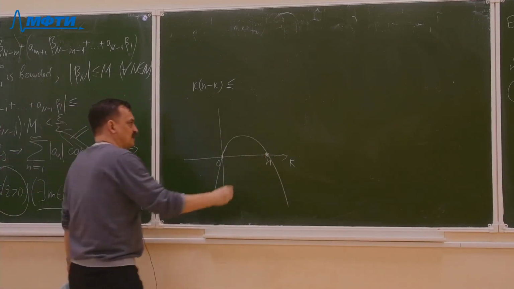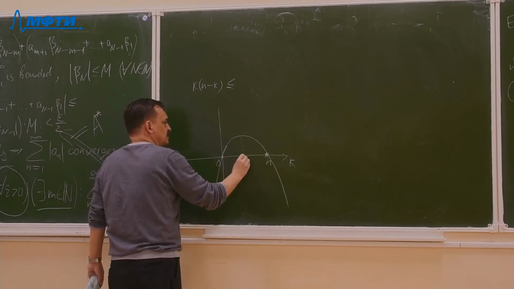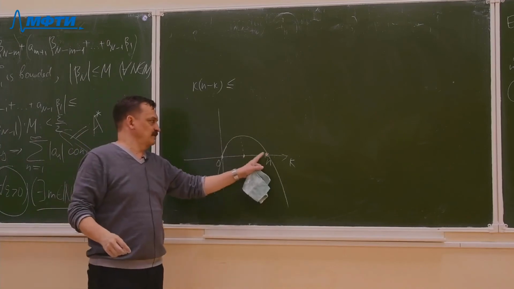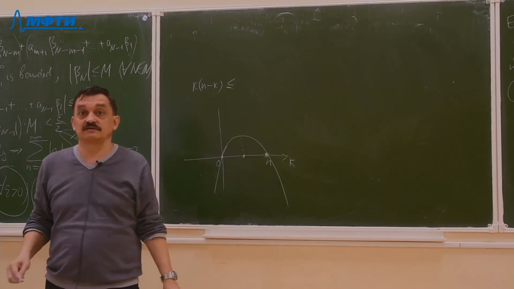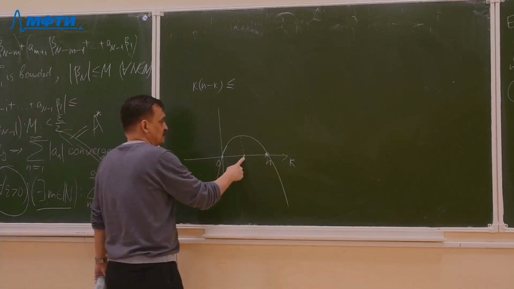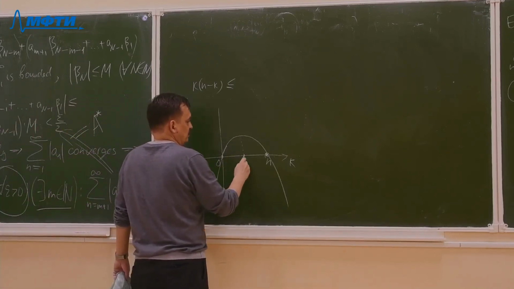So the maximal value is in the middle for a quadratic parabola which intersects the real axis at two points. Maximum is at the middle, and that is n over 2, right?